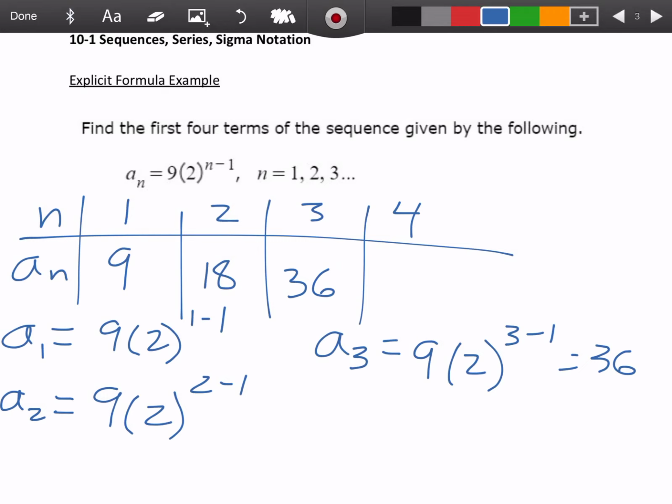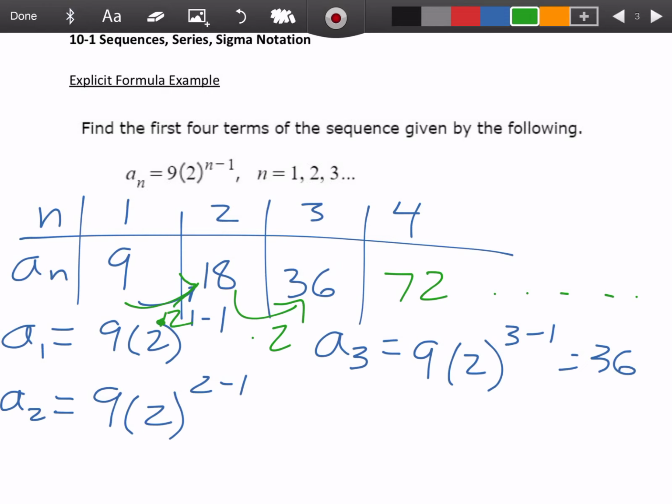So now hopefully you can see that we are multiplying by 2 each time. And so this would be now 72, and you can keep going, multiplying by 2 that way.